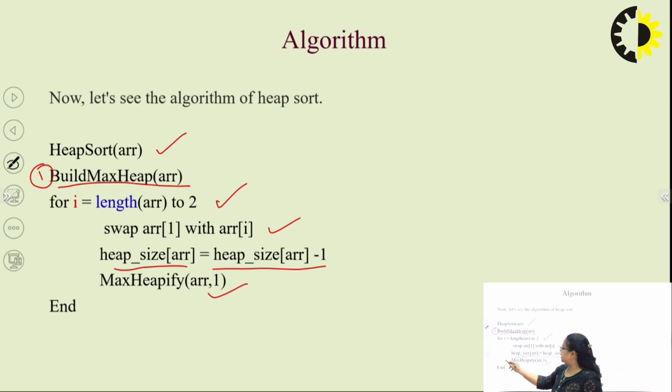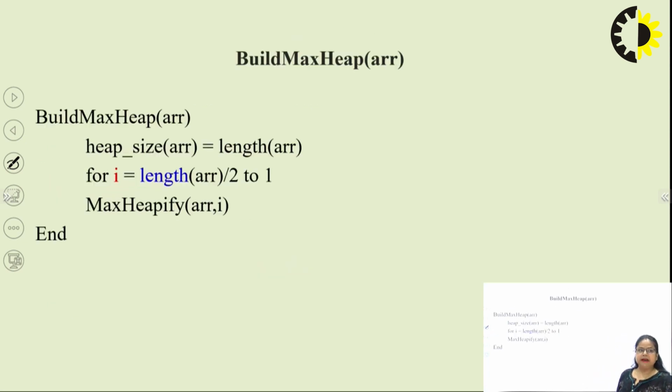So under heap sort, we are going to talk about two functions, right? First of all, what do we mean by build max heap? In the case of build max heap, first of all you have to call max heapify. On the basis of that you calculate the build parameter. How do you do it? The heap size is equal to the length of the array.